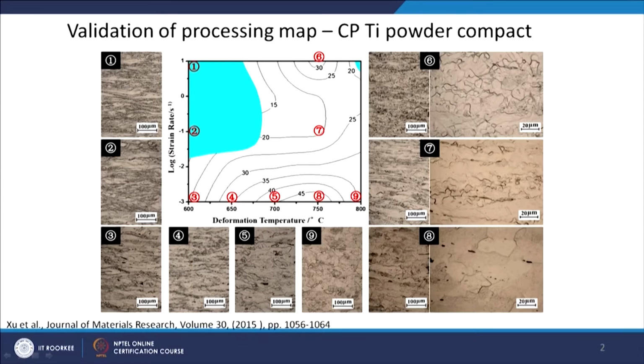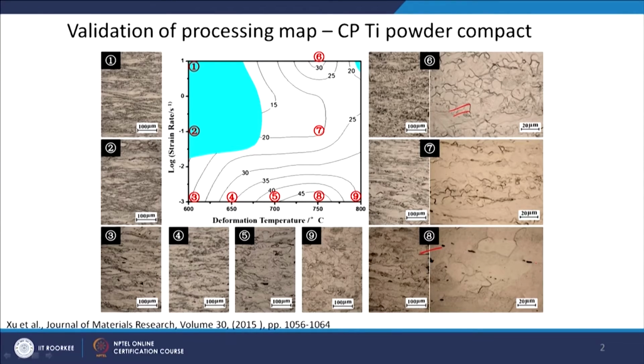So, you can see that wherever the high efficiency regions are there, for example 8, 8 is here, you see more or less a nice microstructure. Of course, it must have seen some grain growth also. Similarly, in this one also you can see some nice high angle grain boundaries, and looks like a recrystallized microstructure to me.